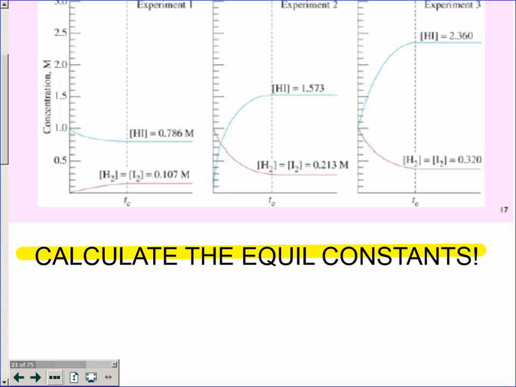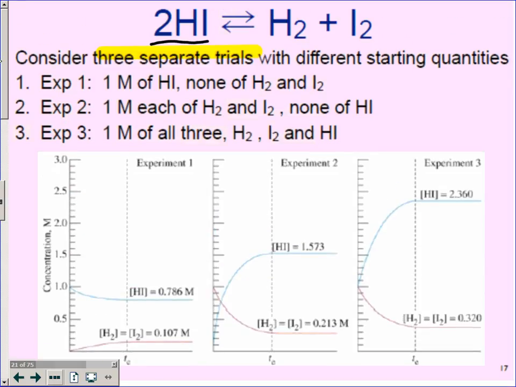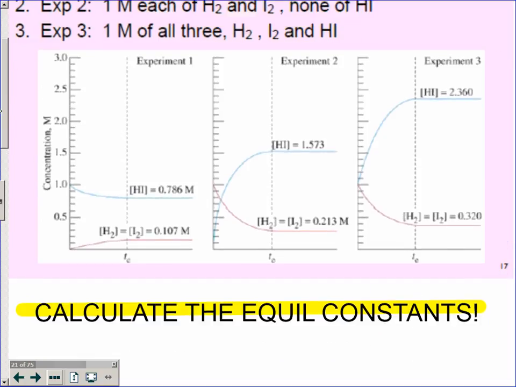So you might want to write the reaction down. I'll put it back up there real fast. 2HI yields or equilibrates to H2 plus I2. Right, got that BCE down? 2HI yields or equilibrates to H2 plus I2. And then you're finding the equilibrium constant, also known as K value, from these graphs. So if you can't read the number, let me know, okay?